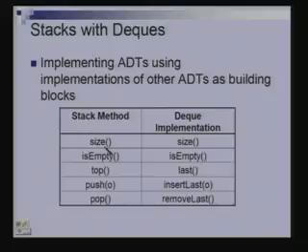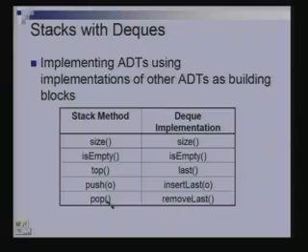For instance, let us say we make the top of the stack correspond to the last element of our double ended queue. So, the method top would correspond to returning the last element of my double ended queue. The method push would correspond to inserting at the end, and the method pop would correspond to deleting at the end.